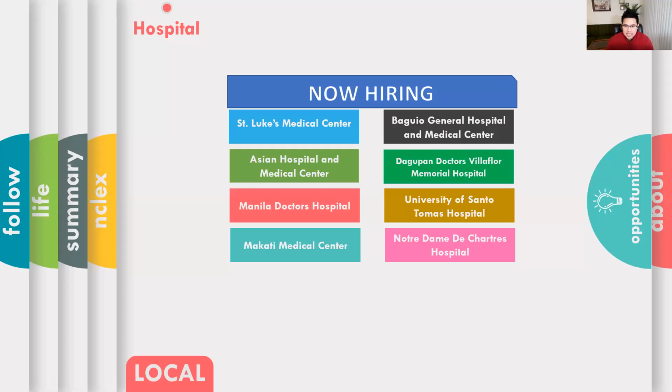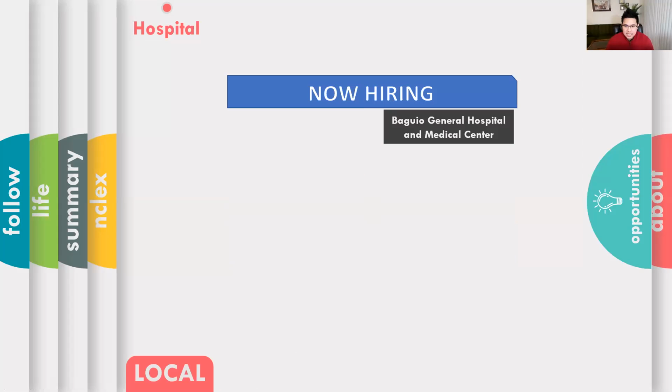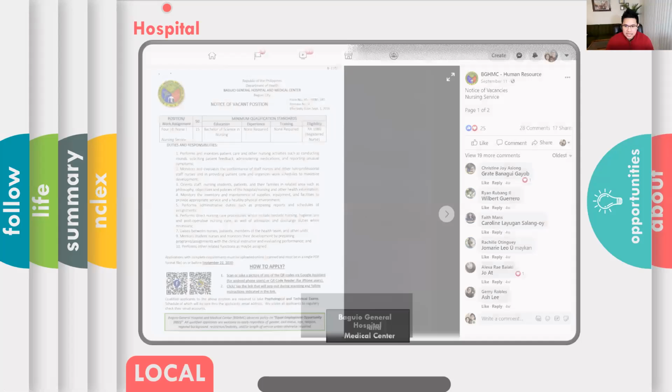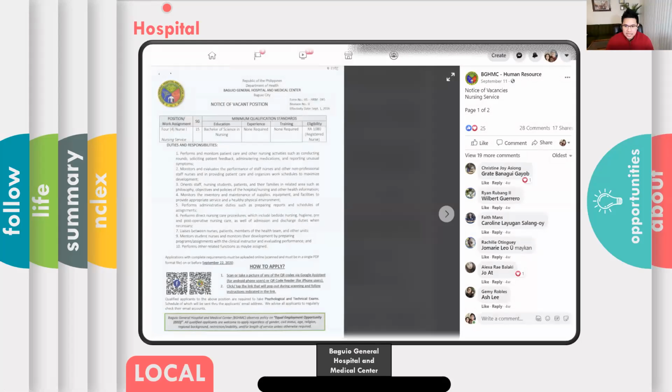And we have our own BGH Medical Center, or Baguio General Hospital Medical Center. Based on their official Facebook page, they're still hiring for nurses.